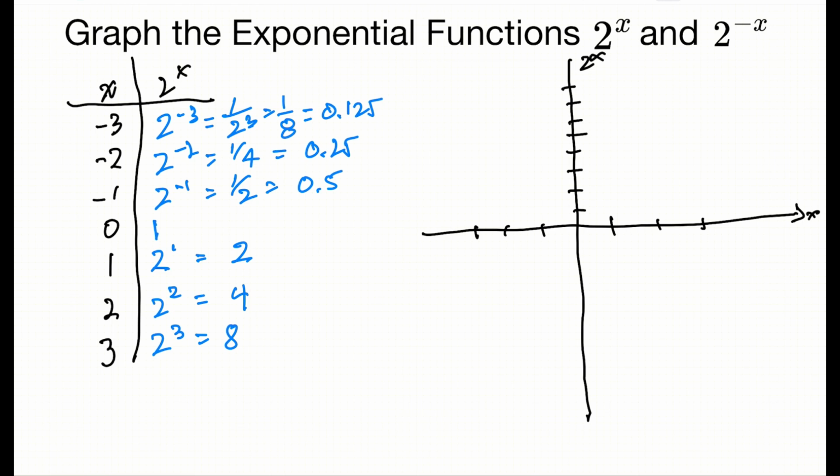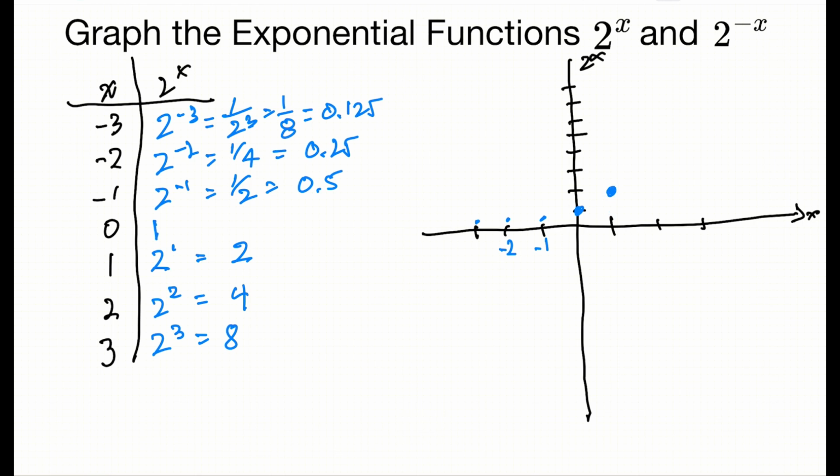So our first one is at minus 3, and it's a very small number. It's 0.125, so that's a small number there. Now, at minus 2, we get 0.25, another small number. And then finally, at minus 1, we get to a half. And then at 0, we've got a 1. And at 1, we've got a 2.